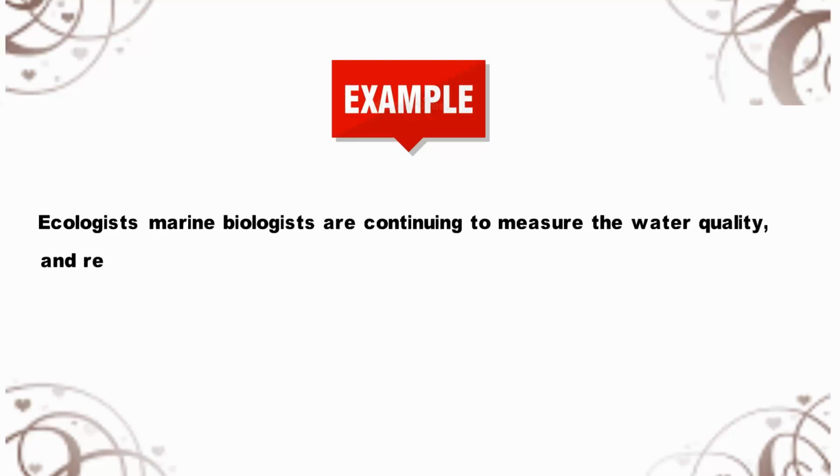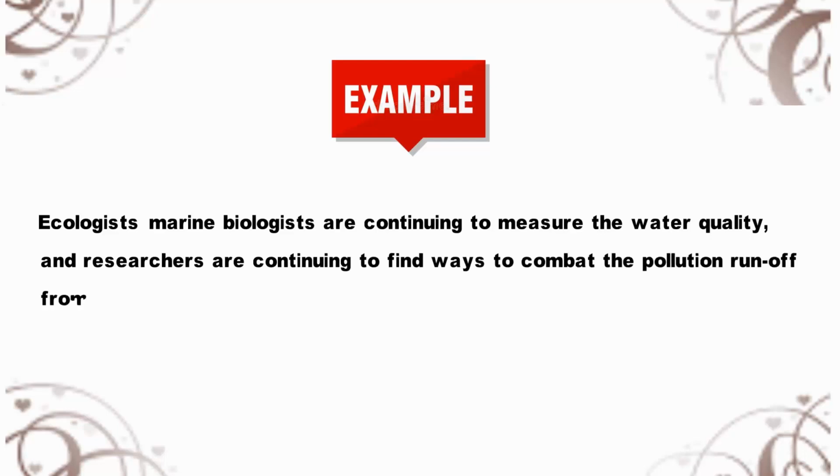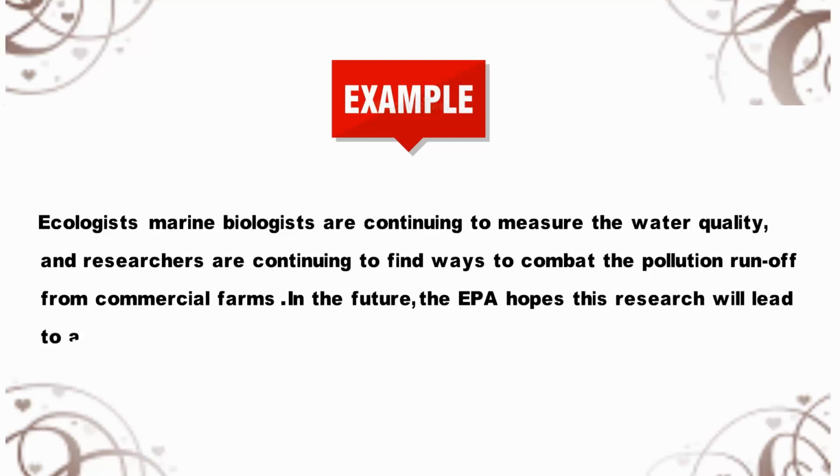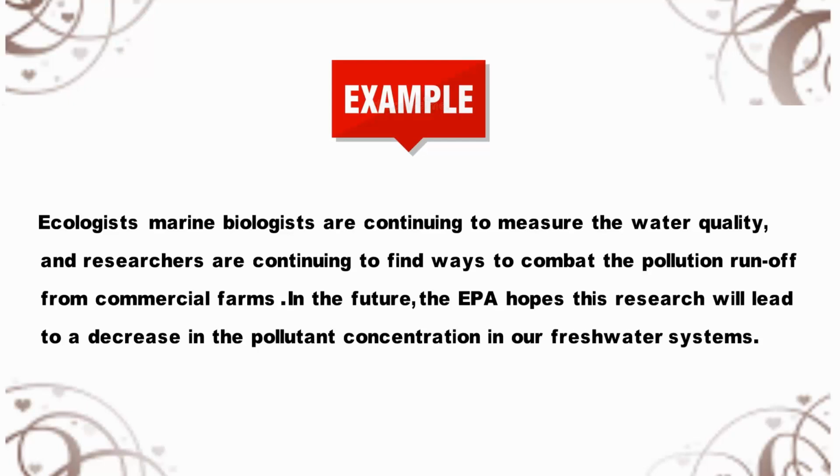For example, "Ecologists and marine biologists are continuing to measure the water quality, and researchers are continuing to find ways to combat the pollution runoff from commercial farms. In the future, the EPA hopes this research will lead to a decrease in the pollutant concentration in our freshwater systems."